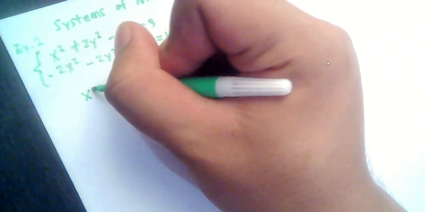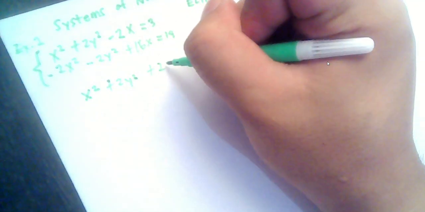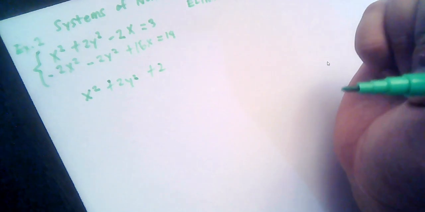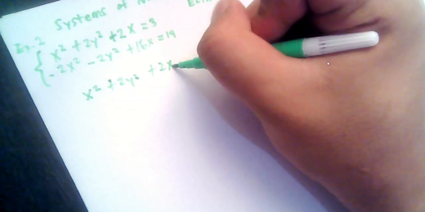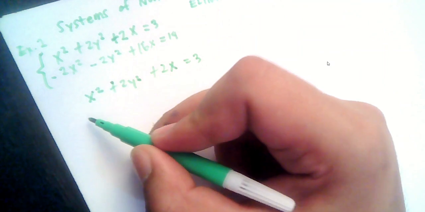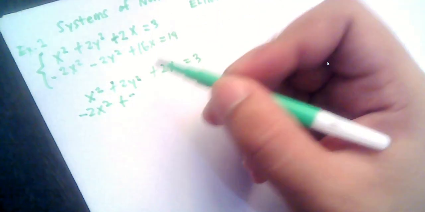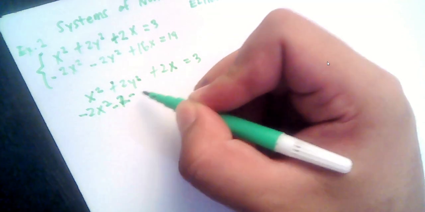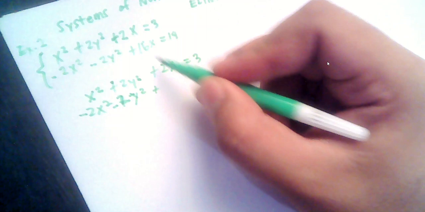We have x squared plus 2y squared plus 2x, sorry, plus 2x is equal to 3. Let us try to align 2x squared, this is aligned, right? 3x squared, minus 2y squared plus 16.